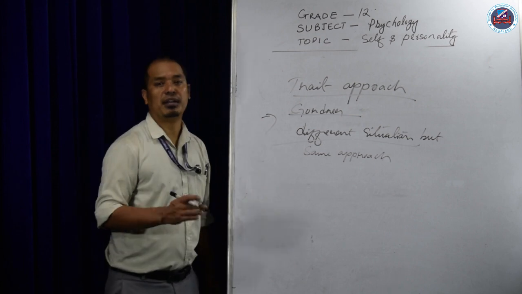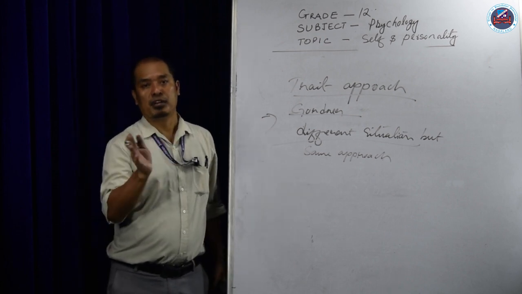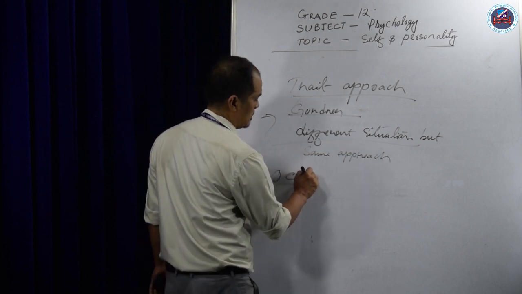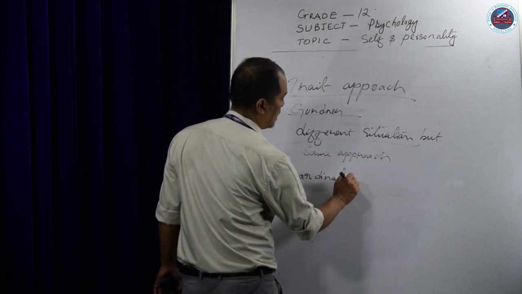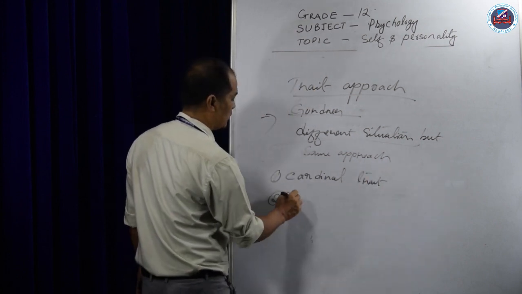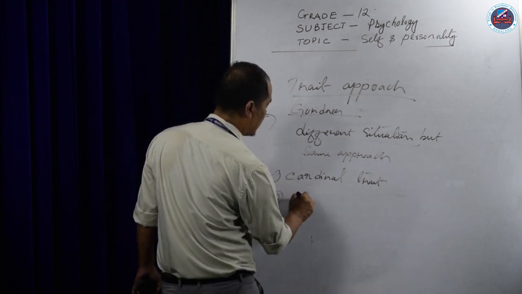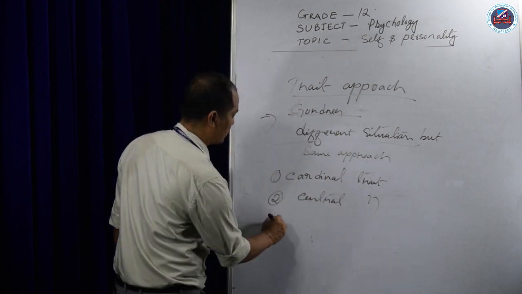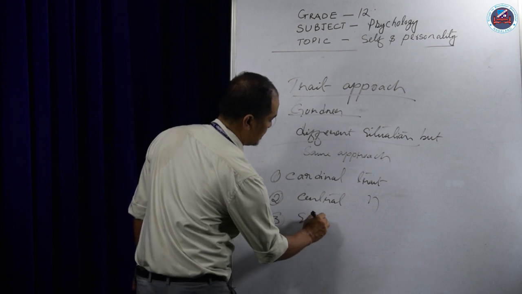Now, according to him, there are three types of traits in human beings. The first one is called cardinal trait, the second one is called central trait, and the last one is called secondary trait.